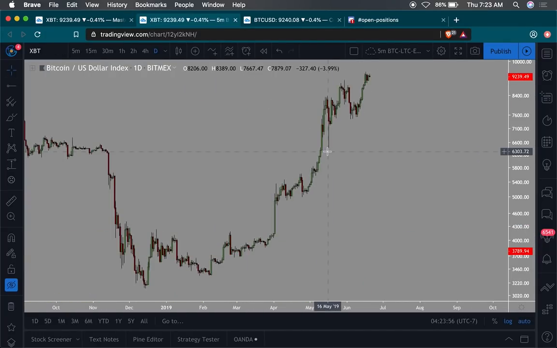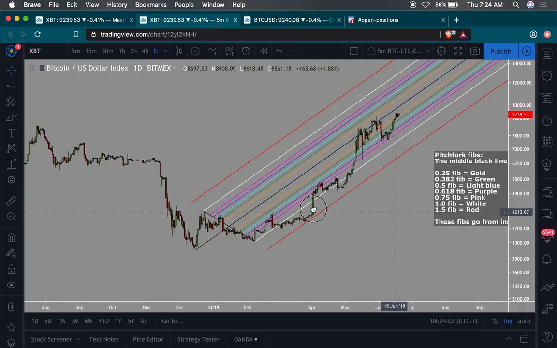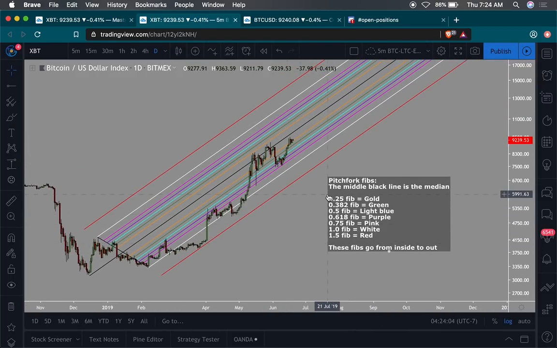I drew this pitchfork the other day, and I wanted to show you guys why exactly these pitchforks matter. Remember I stated earlier that prices move in channels. This is a perfect example of how price has been moving in channels.